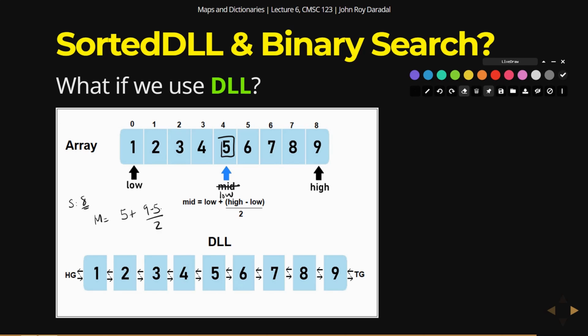So 9 minus 5 is 4, over 2 is 2, so 5 plus 2 is 7. So our new mid would now be index 7 right here. Okay, so that is how you find your middle index, and that is doable because we are using an array wherein indices are readily available.